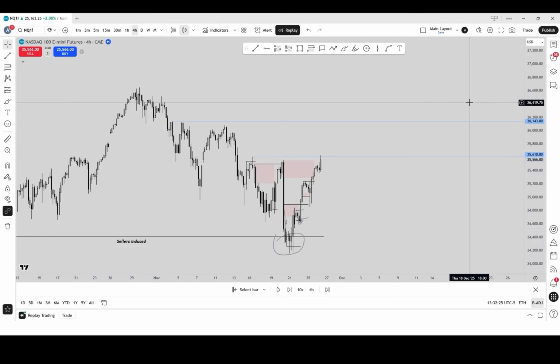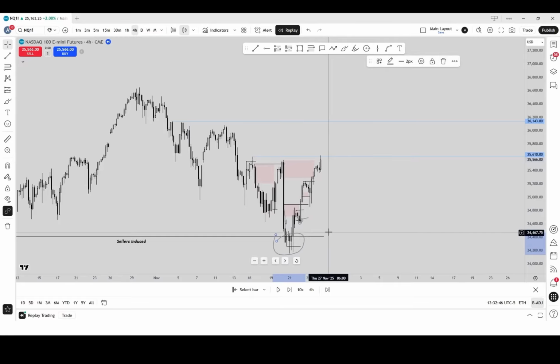You know, that's why I keep a couple of pairs in the background, right? So obviously I stick to this as the main thing I look at. But sometimes I'm looking at US 30, sometimes I'm looking at gold, you know? So if price action on NQ tells me I have to wait, then I'm going to look at another pair. If all of them tell me I have to wait, then I just don't trade. Right? Simple as that.